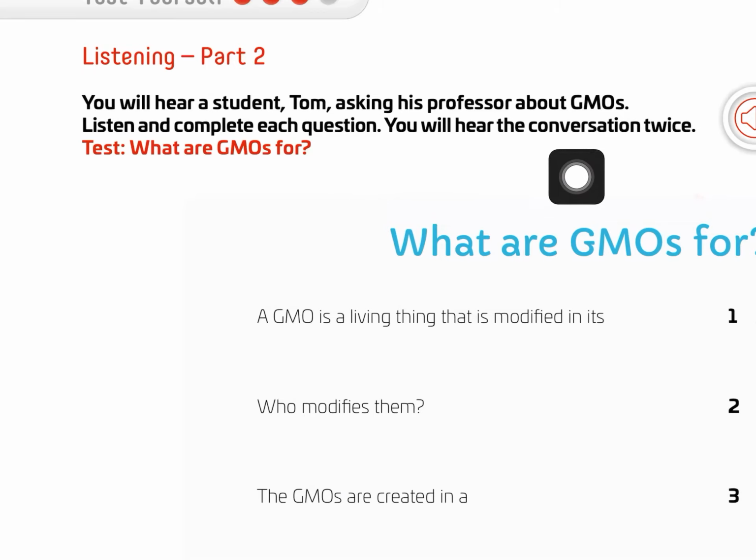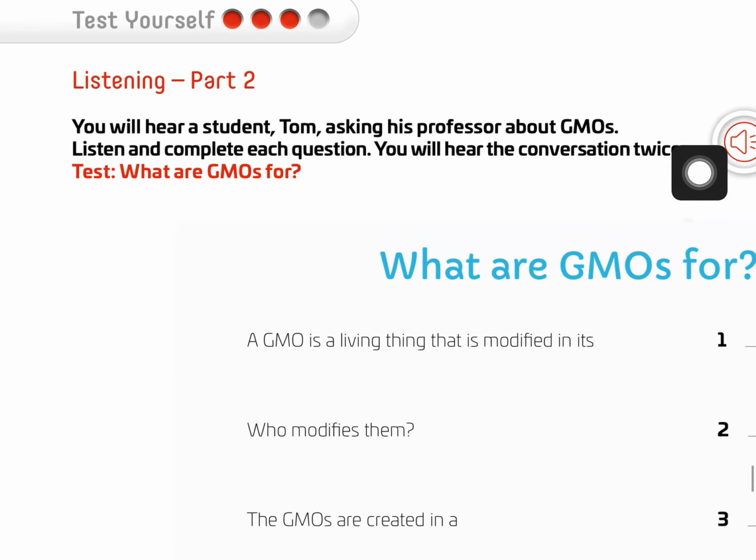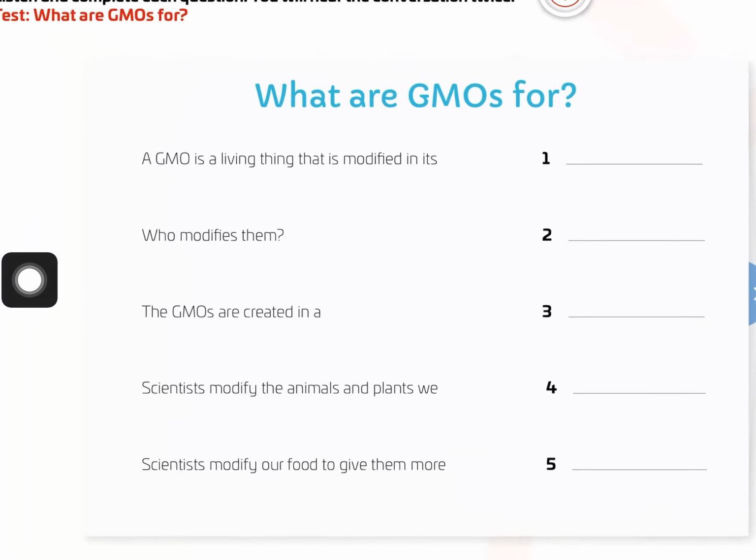You will hear the conversation twice, but remember that you are going to have all the resources, the audio files and images, on the platform. You are going to look for the audio file and download it on the platform.